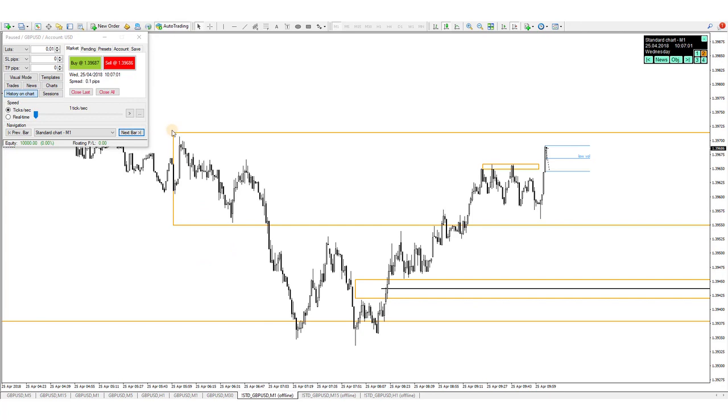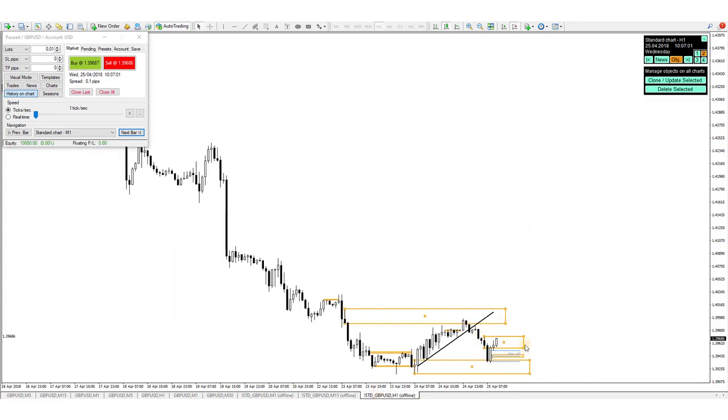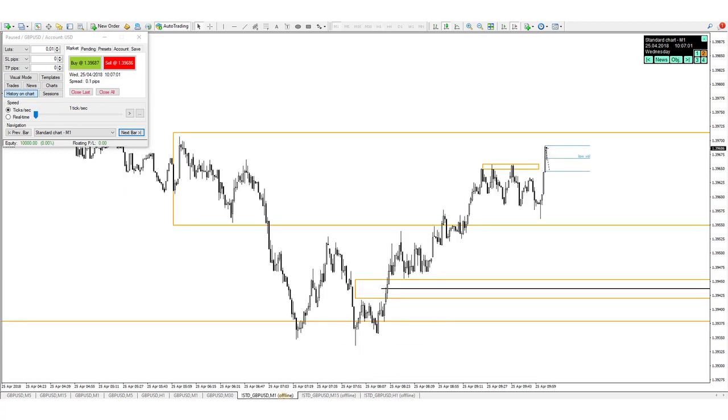I already drew here a supply on a bigger time frame. I see that I am after a break of structure on the bigger time frame. So no matter what, I am waiting for a clear signal to take a sell. I am not going to be manipulated.